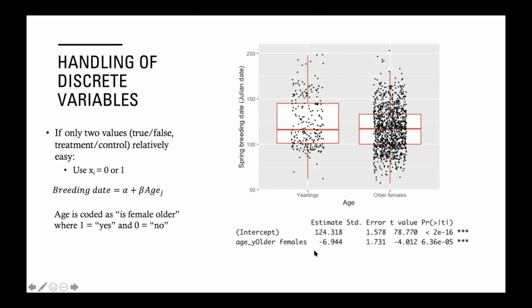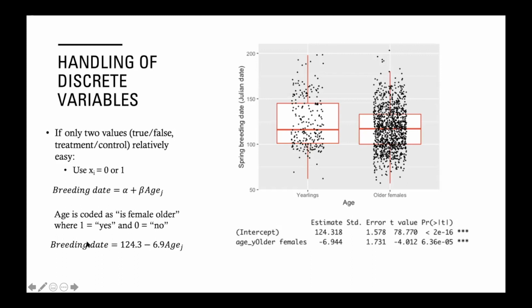And so what this means is that the effect of being an older female is to advance the timing of breeding by 6.9 days beyond what we would expect if the female was not an older female, which is represented by our intercept. So let's walk through that.